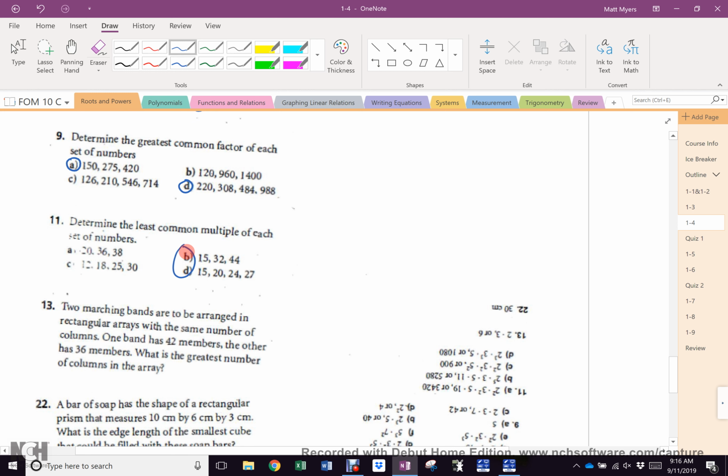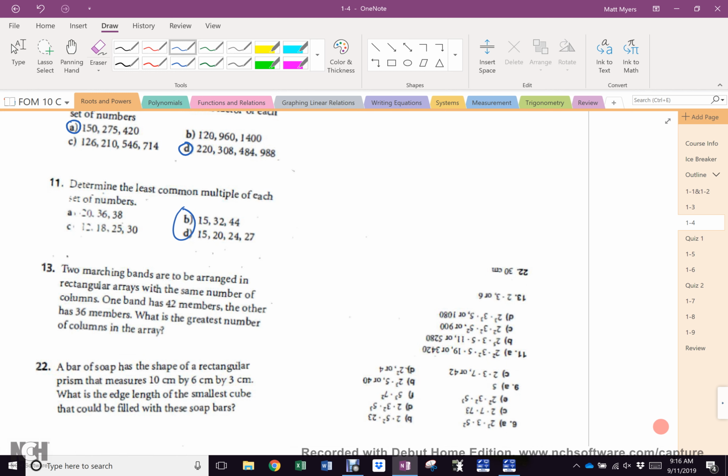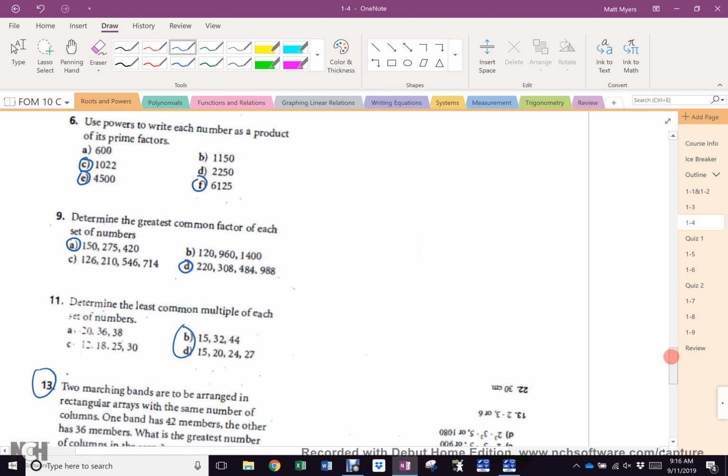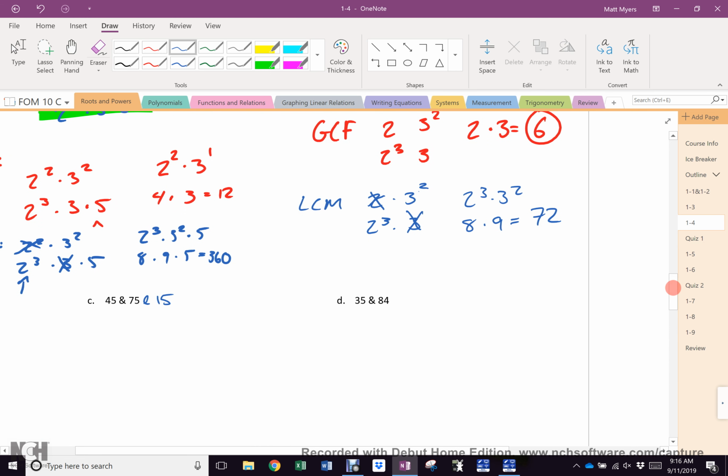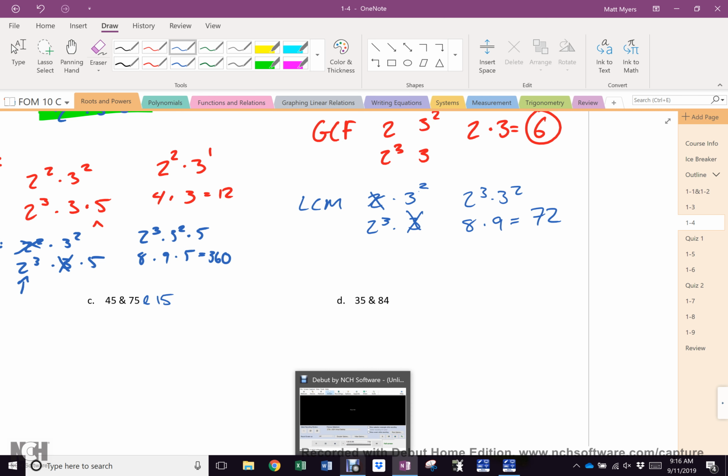I'm going to get you to do B and D in 11 because you can barely see A and C. And then 13 and 22. I expect them to cause a bit of trouble, 13 and 22. And you have 12 minutes with which to work.